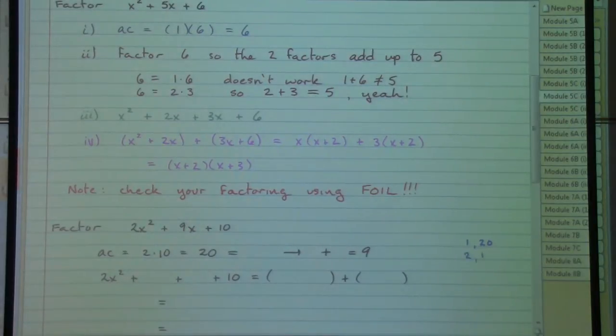The 2 and the 10. 2 plus 10 does not give me 9. 3 doesn't work. 4 and 5. 4 times 5 gives me 20. 4 plus 5 gives me 9. So these are in fact good to go. I would like to have a 4 times a 5 and a 4 plus a 5.